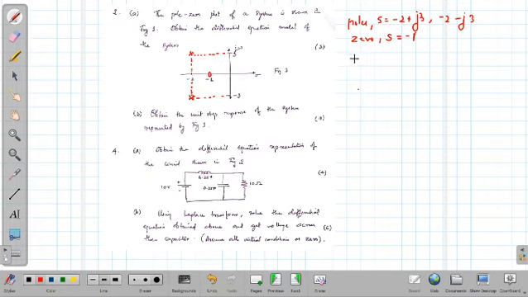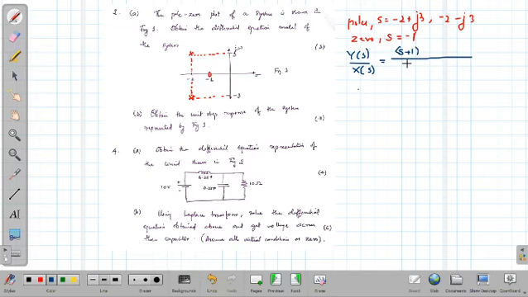So since we have poles and zeros, what will be the transfer function? So we can write the transfer function, the output y of s divided by x of s, as numerator will have the polynomial due to the zero, which is s plus 1, and the denominator will be the polynomial due to the poles.